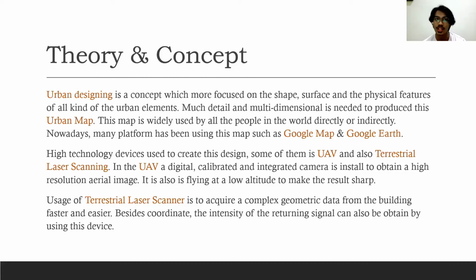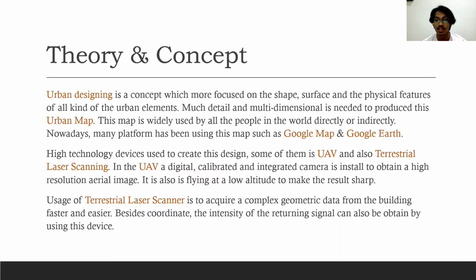This is to make sure that the final picture will be sharp, and the UAV will also fly at a low altitude to make sure the picture taken is accurate. The usage of the terrestrial laser scanner is to acquire complex geometric data from the building faster and easier.